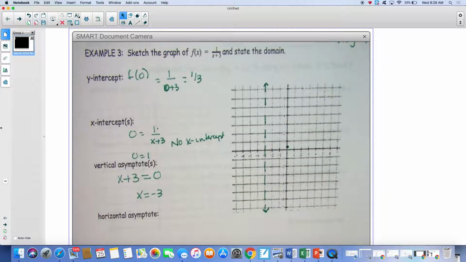Horizontal asymptote. Rule 1, 2, or 3. What's the degree of your numerator? 0. What's the degree of your denominator? 1. So n is less than m. So y equals 0 is our horizontal asymptote.